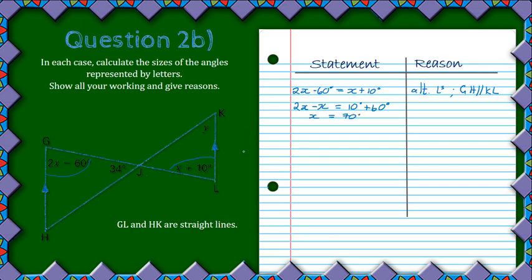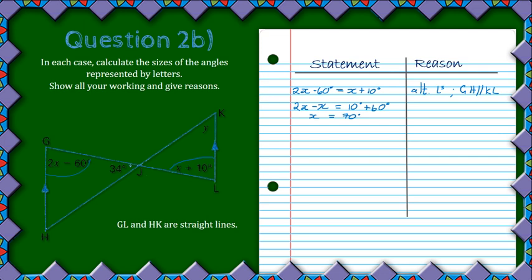Okay, so that done, we need to solve for y. Now in order to solve for y, the y we can see is equal to this angle, but we're not going to take that route. Let's say that we've got these vertically opposite angles.